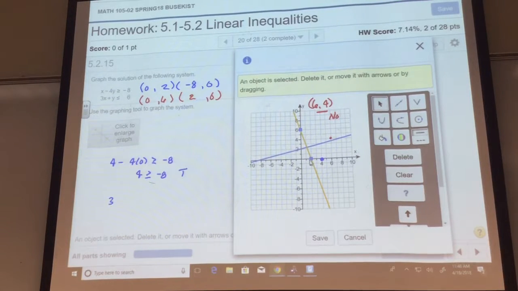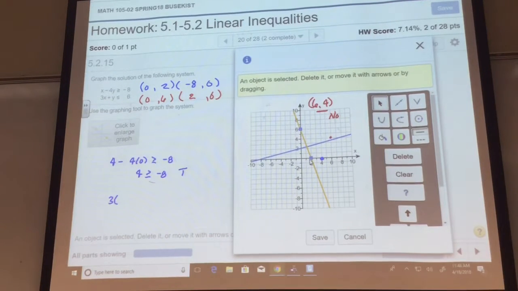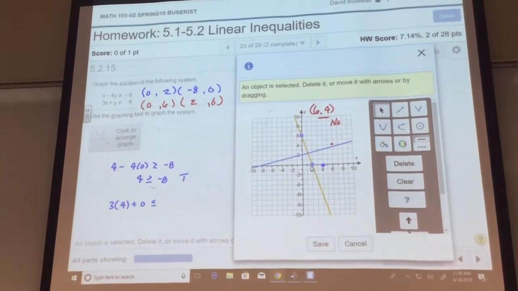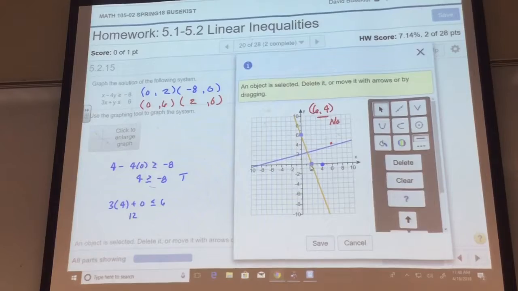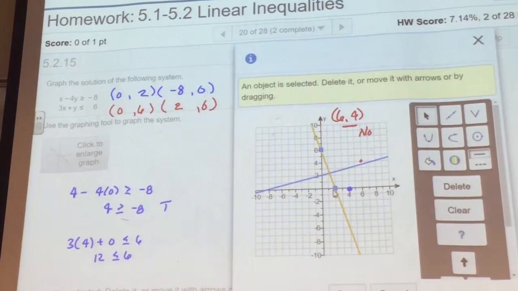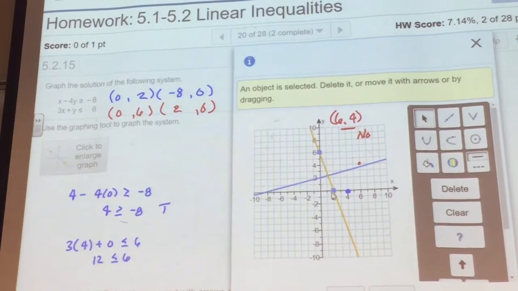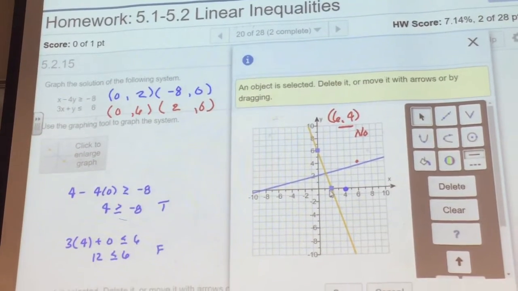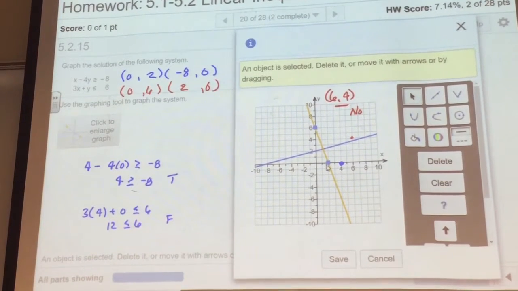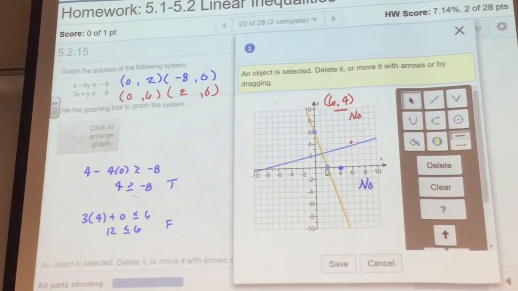Then 3 times 4 plus 0 is less than or equal to 6. Is 12 less than or equal to 6? No. Oh, no, okay? I'll give you time to change your mind. Okay, so that's not the right region, so this is a big no region as well.